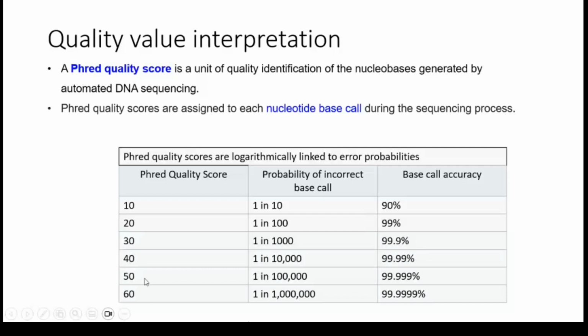We cannot get 50 or 60 output from Illumina platforms because they have the limit of 99.99% accuracy. Is it clear? The base calls only get a Phred quality score up to 40.